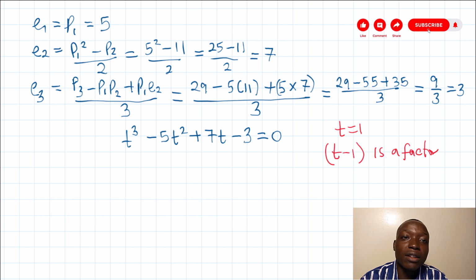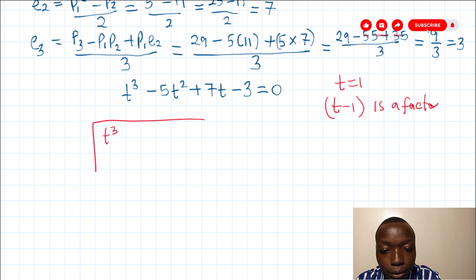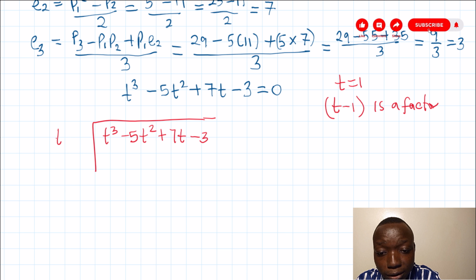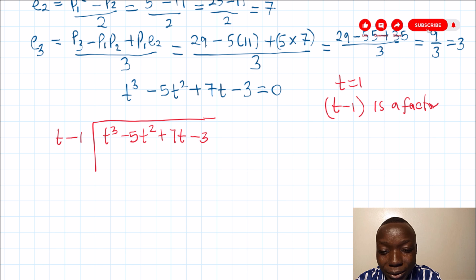Now, let's divide this polynomial by t minus 1 using the long division method, and we're going to get a quadratic equation which we can now go ahead to solve. So t cubed minus 5t squared plus 7t minus 3, divided by t minus 1. What are we going to multiply with t to get t cubed? t squared. So here we have t cubed minus t squared.